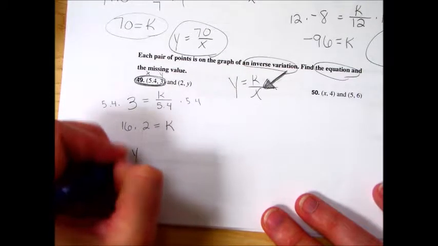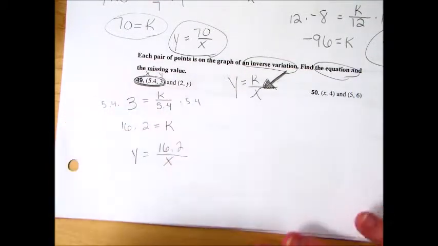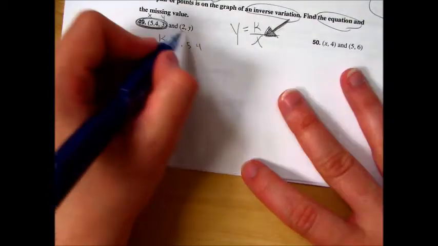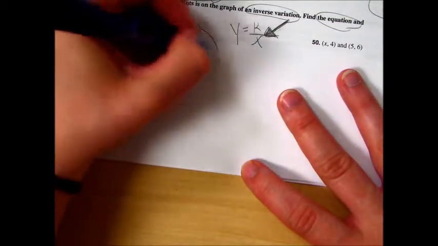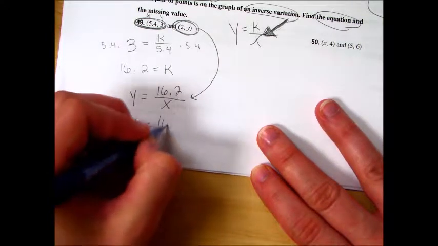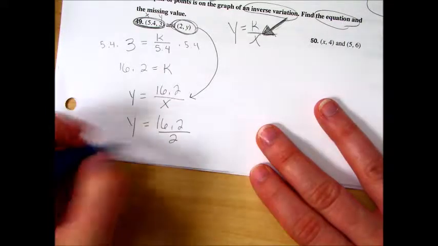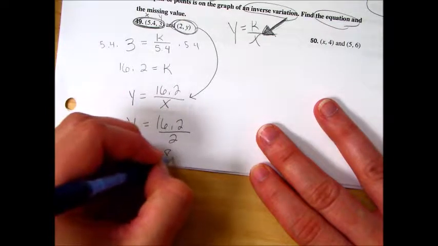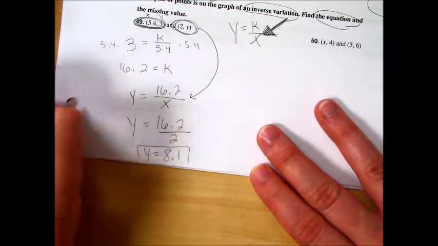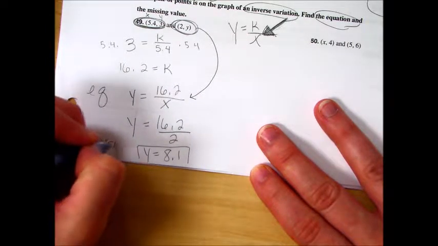The equation, therefore, is y equals 16.2 over x. Now, they want us to figure out what y is if x is 2. So what we're going to do is y equals 16.2 over 2, which is 8.1. So we found the equation, and then we found the missing value.